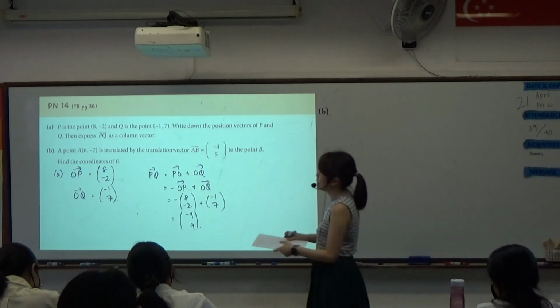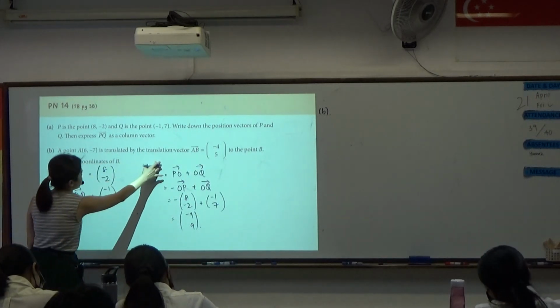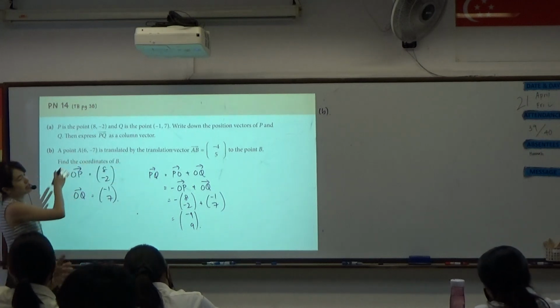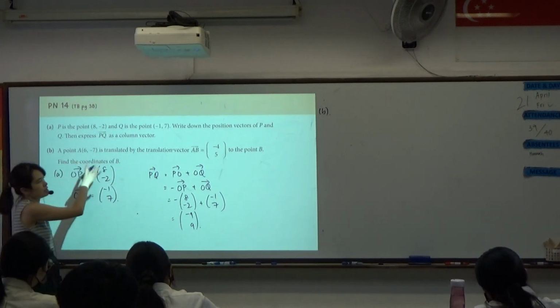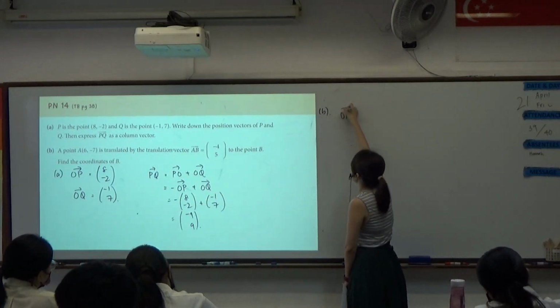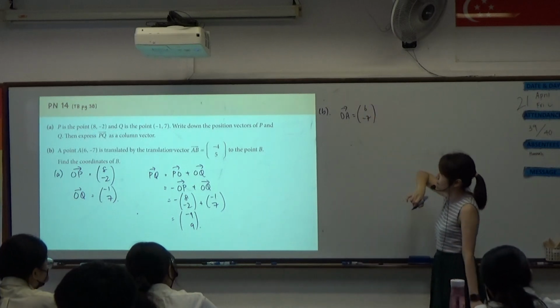Okay, then in part B, a point A is translated by the translation vector. So when we say that a point is being translated, that means that it is being moved from point A to point B. So with the point A, I can form its position vector OA, which is (6, -7).